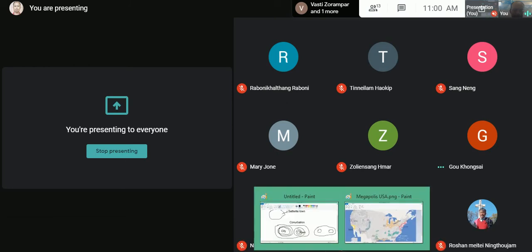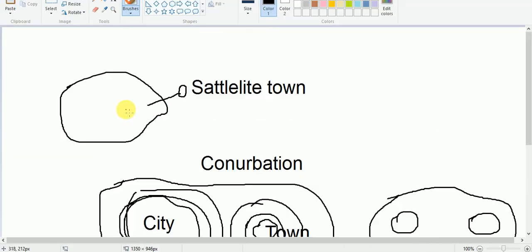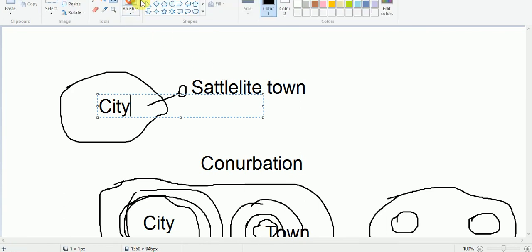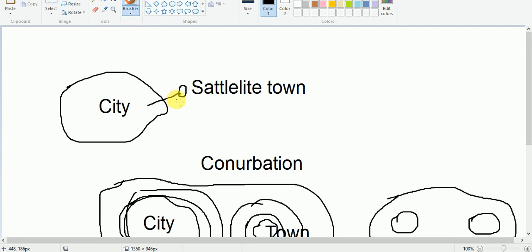As you see here, let us say this is a city, and nearby this city a smaller town may develop as time passes. Nearby it some smaller towns may start settling.